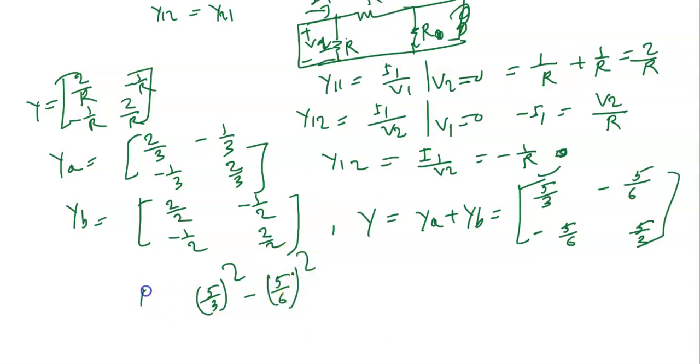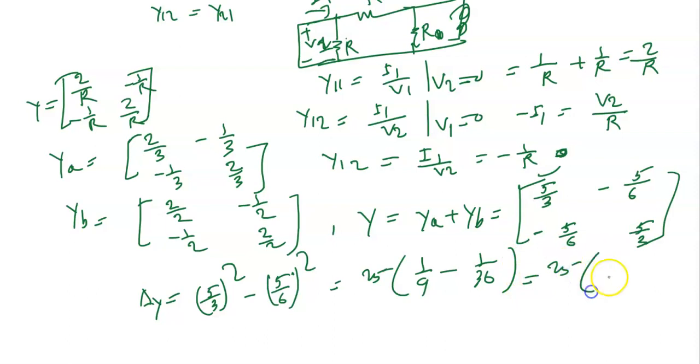This is the overall del y, which is 25 times 1 by 9 minus 1 by 36, which is 25 times (4 minus 1) upon 36, which is 25 upon 12.